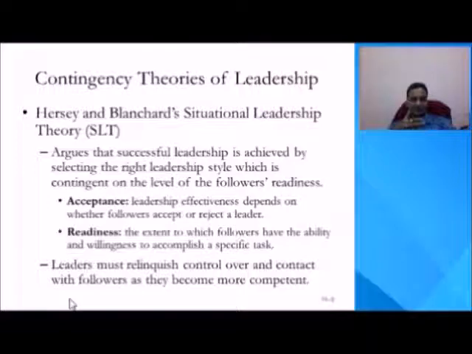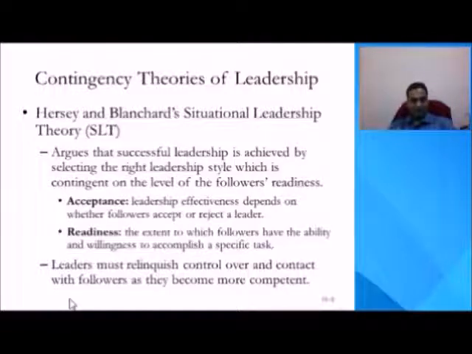What do you mean by readiness? One of the key contributions of this theory is that it again brings some focus to the followers. What this theory says is that a leader's effectiveness will depend a lot on whether the follower is ready to follow the leader.